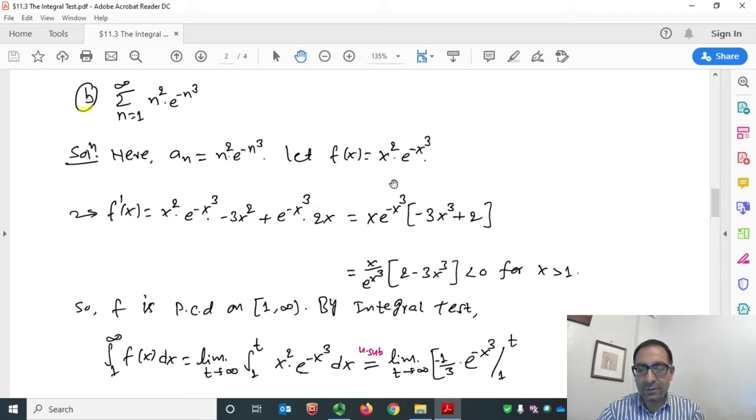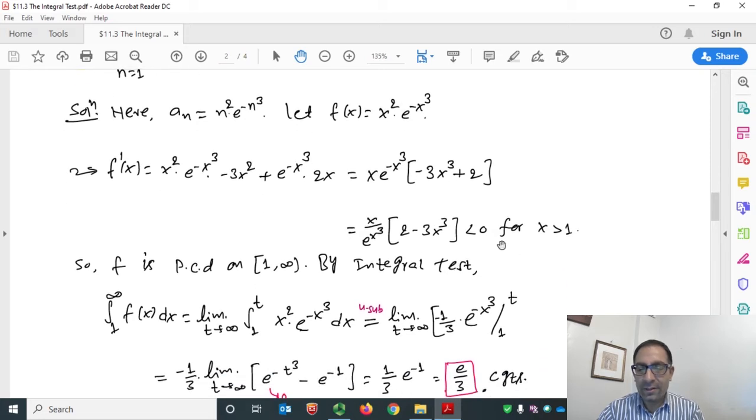Now let's verify that it is decreasing. So let's take the derivative. So f prime of x equals, applying the product rule and simplifying here. Then let's focus on this expression. The exponential function cannot be 0 or negative, so we only focus on the numerator here. For x greater than 1, this is decreasing.